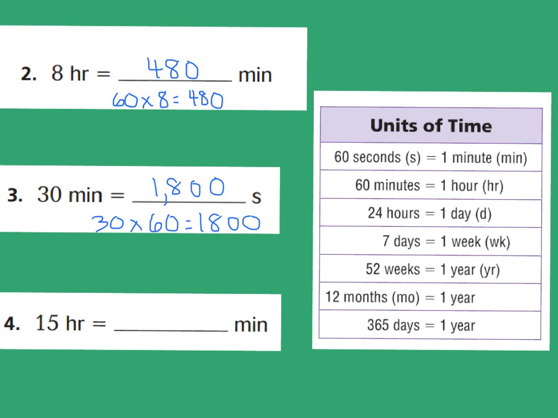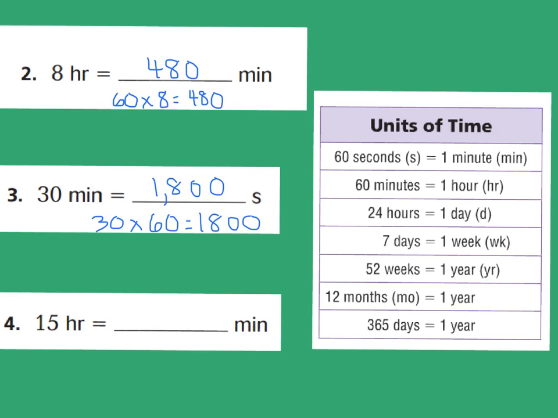And let's take a look at question number 4. It says 15 hours equals how many minutes? So let's look right here about our hours and minutes. We know that there are 60 minutes in 1 hour, and if we have 15 hours, we want to know how many minutes that would be.